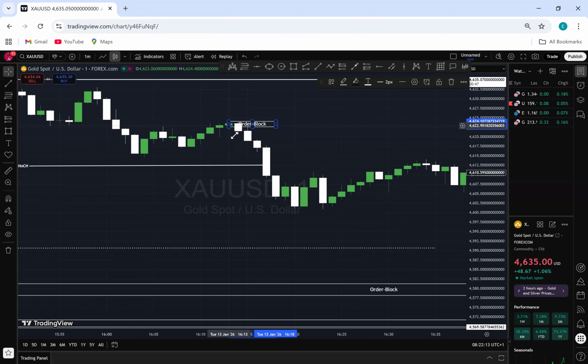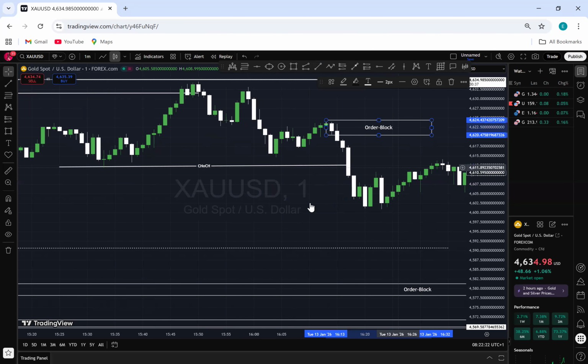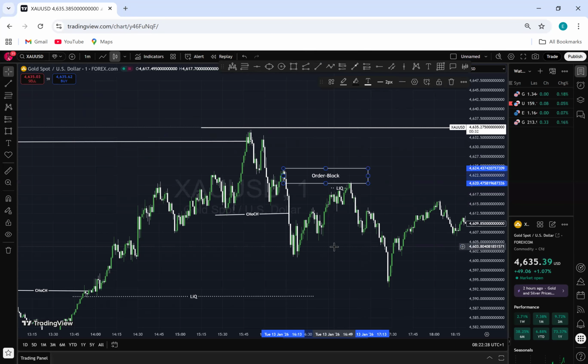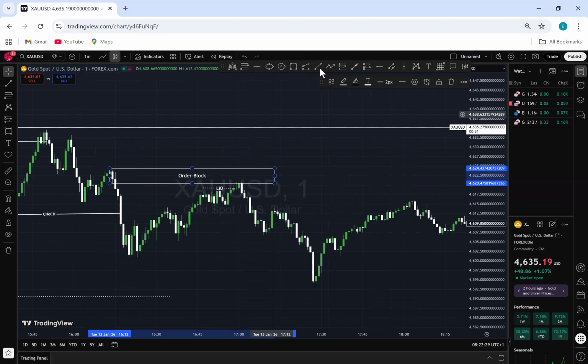So what it means is we now have this area as the other block. This area, but you can mark out the entire region here. So we have this as our other block, and then we have that change of character.